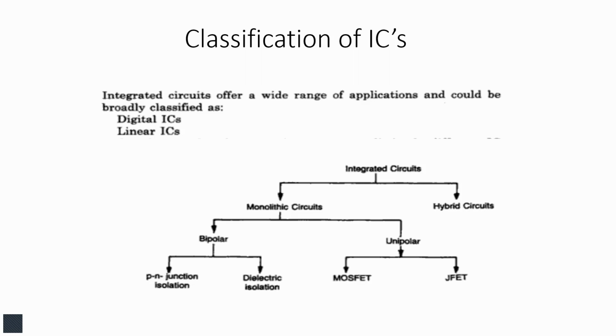These monolithic ICs are again classified into bipolar and unipolar based upon the devices we use. Bipolar is where the conduction is because of both minority and majority charge carriers, and unipolar is where the conduction is because of only the majority charge carriers. If the ICs are manufactured using PN junctions or dielectric isolations, we call it bipolar. And if the transistors used are MOSFET or JFET, we call it unipolar.